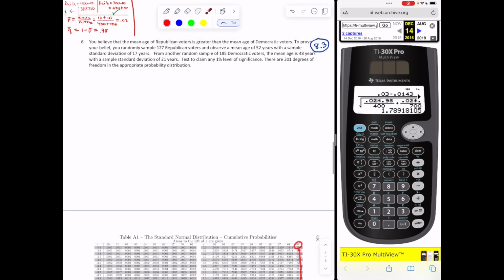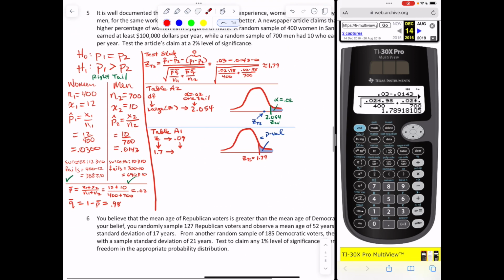So I think we can just go ahead and put that in here. Okay, and that's the area to the left of the test statistic, 0.9633 there.